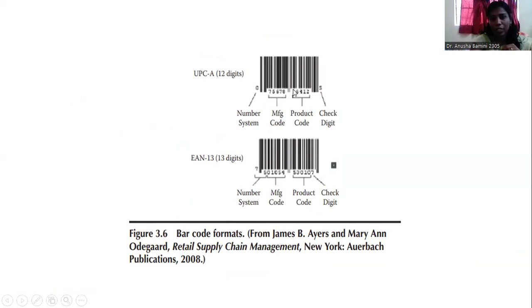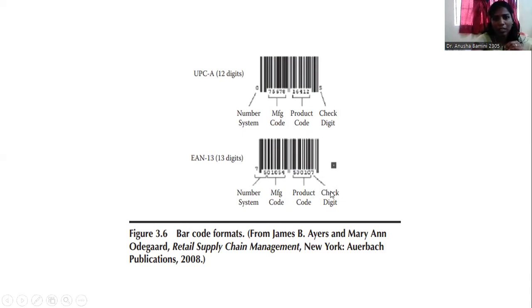UPC-A, which has 12 digits. These 12 digits are separated into number system, then manufacturing code, product code, as well as check digit. Okay, the next form is EAN-13. It is also split into four parts like number system, manufacturing code, product code, and check digit.